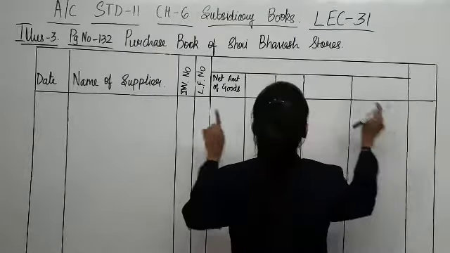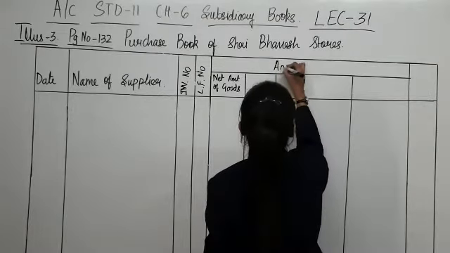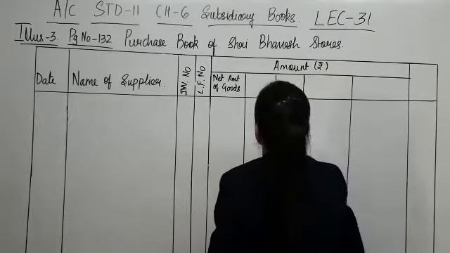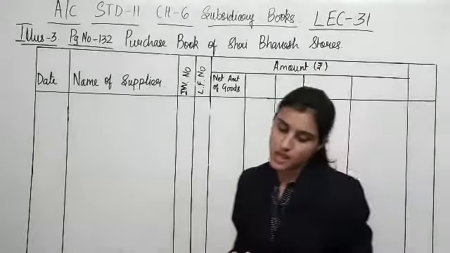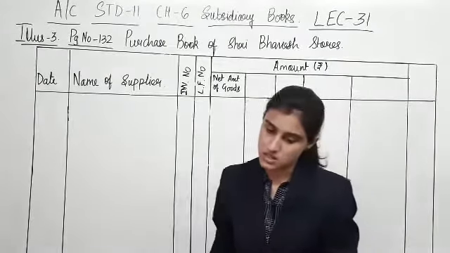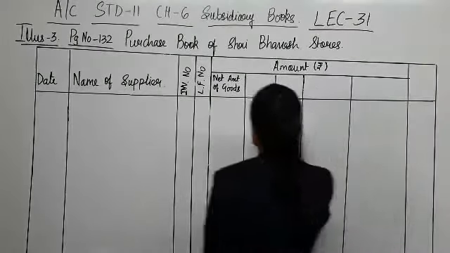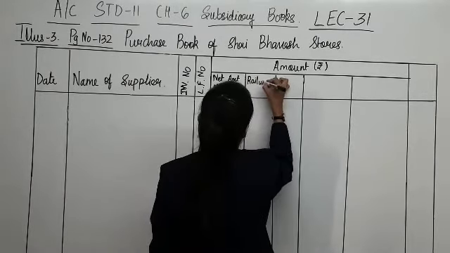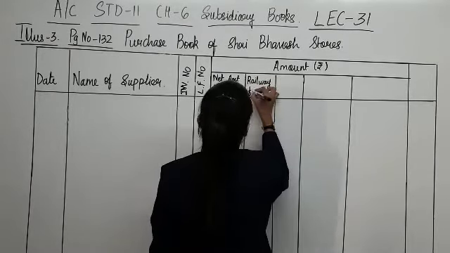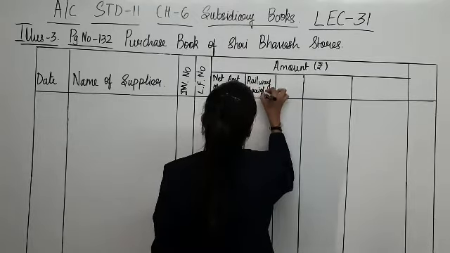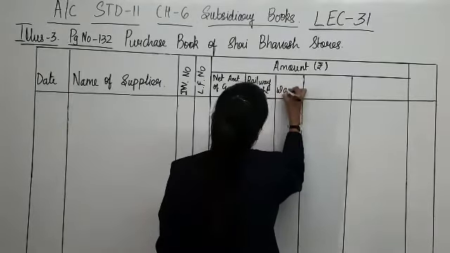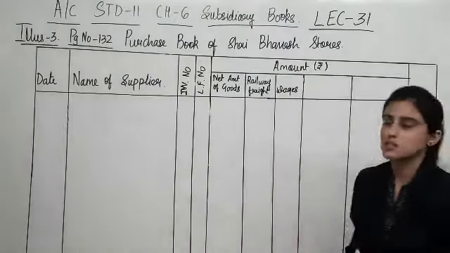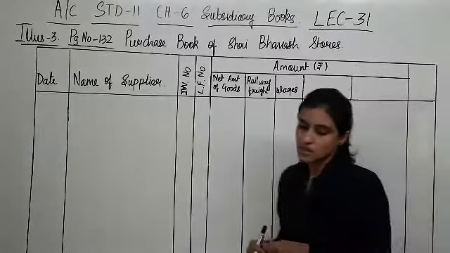In this entire column, we are going to write amount. Then we have railway freight and wages, the two expenses.